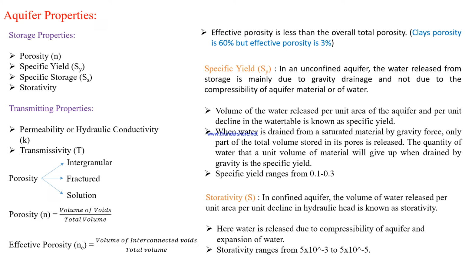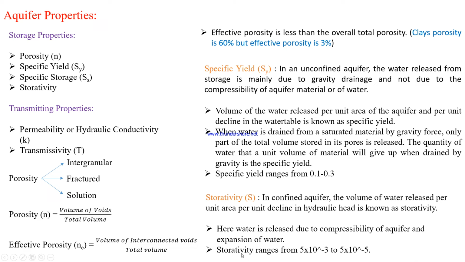If you draw a lot of water, the aquifer will try to subside. Land subsidence may happen when you pump more water, I mean lakhs of litres of water volume. Some land subsidence will take place due to this compressibility and the expansion of the water.